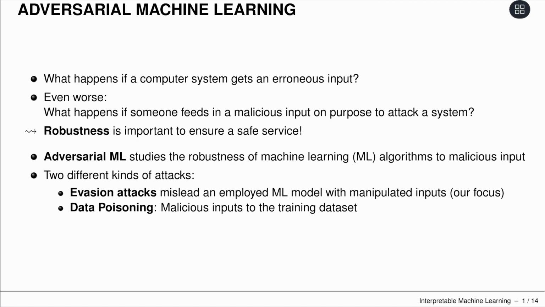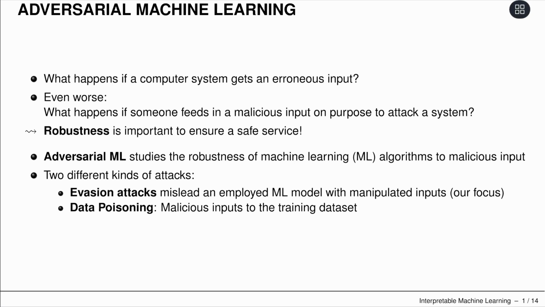Of course, you'd like to ensure some kind of robustness, which then leads to safe services. Someone would like to attack your machine learning model, but the model should not return something completely arbitrary; your user should really be able to have trust in it. And at the machine learning side is the robustness of machine learning algorithms to these kinds of malicious inputs.